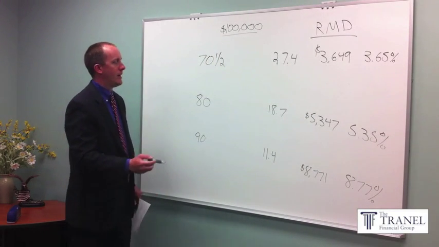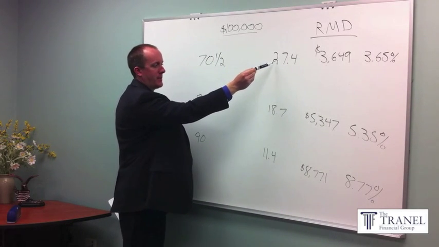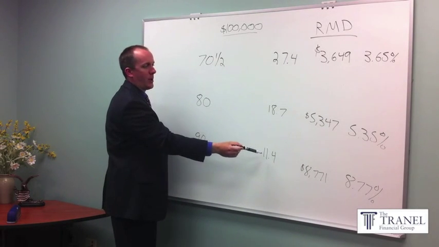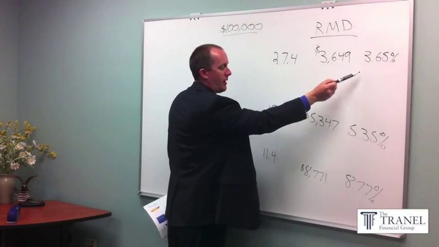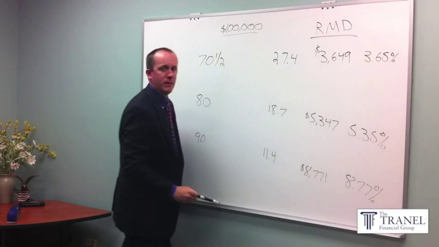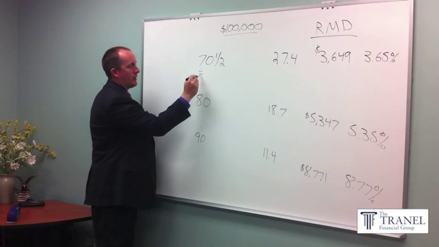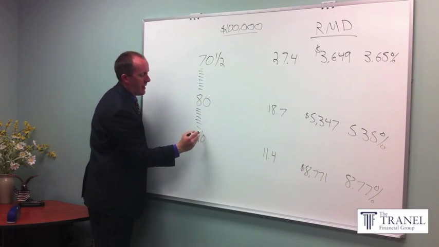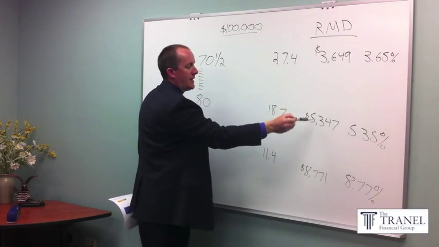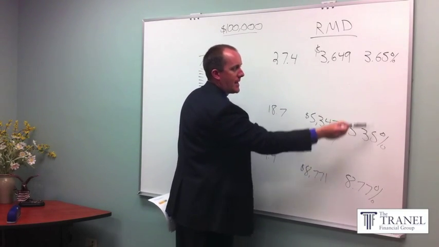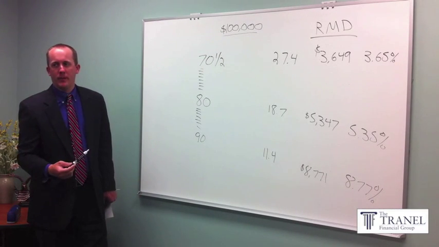So naturally, as someone gets older, their life expectancy gets shorter, and whenever you divide by a smaller number, it yields a bigger percentage that needs to be withdrawn. Every year in between, an RMD is going to be taken, so every year the amount they need to withdraw as a percentage of their account value gets bigger and bigger.